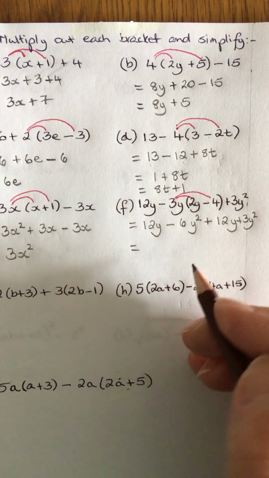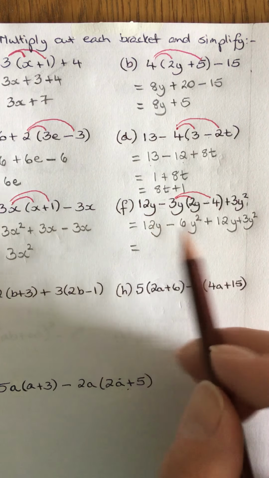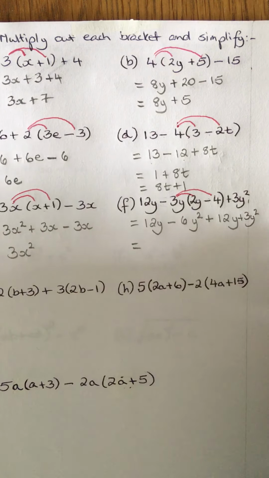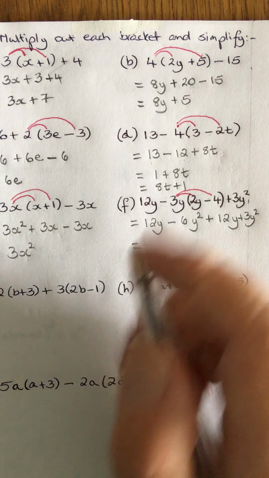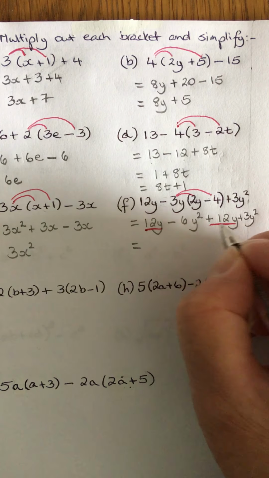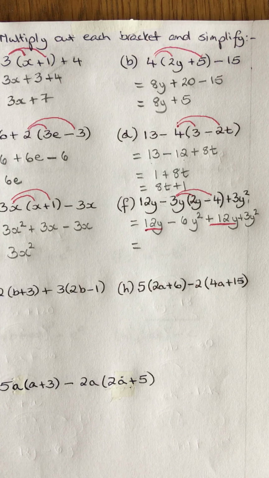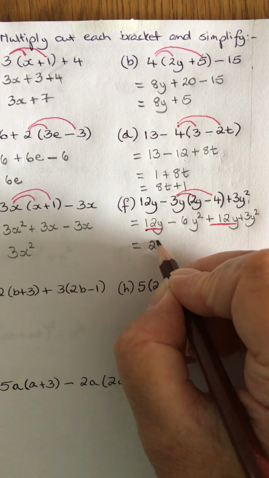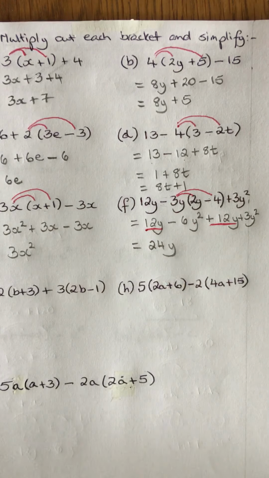tidy that up. We've got a 12y. Now this is where you need to be careful. You can only add things that are the same. So we've got a 12y and then we've got a plus 12y. So because they're both terms in y, we can add them together. 12 add 12 is 24, so we've got 24y.